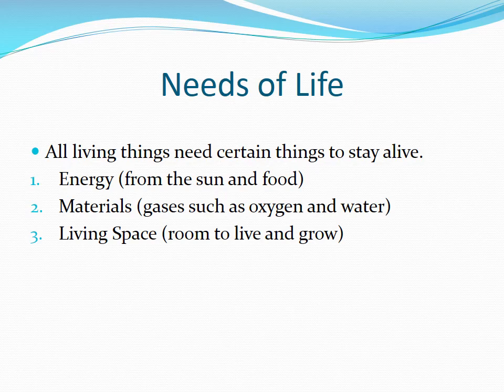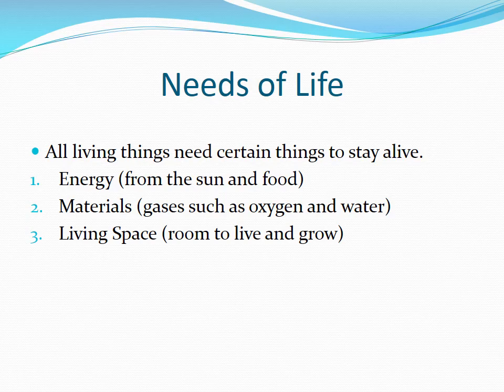So there are certain things that all living things need in order to stay alive. The first thing is they all need energy. Plants get their energy from the sun, and humans, we get our energy, and animals from food. However, remember that our food is grown outside and requires energy from the sun.